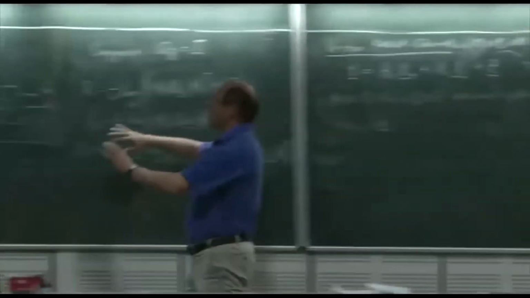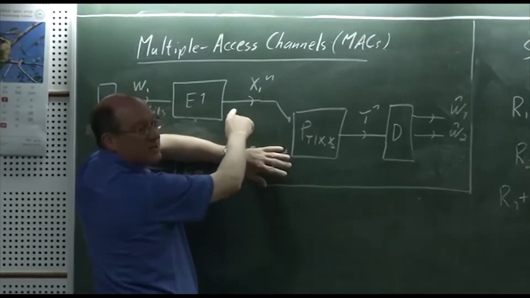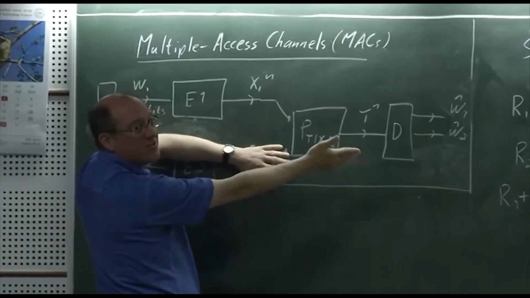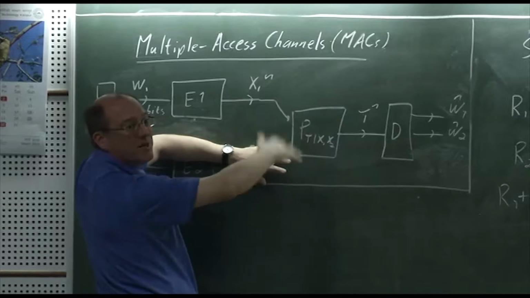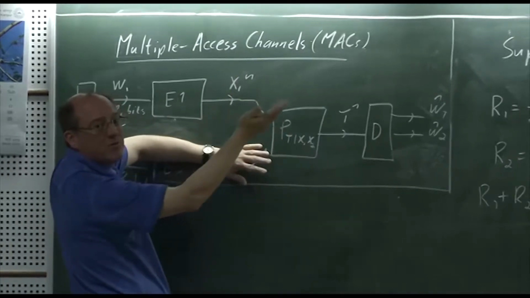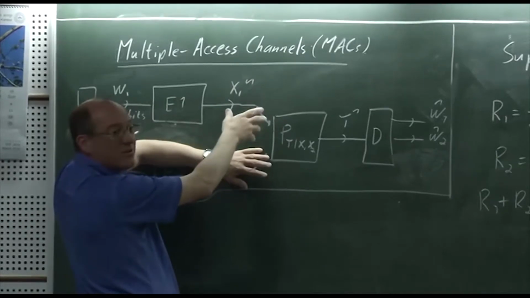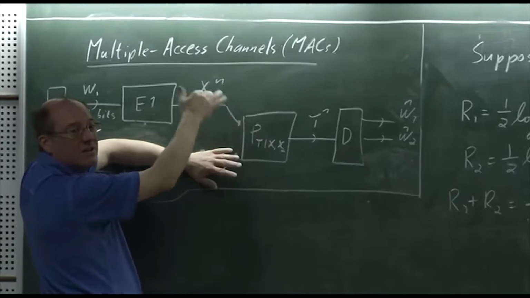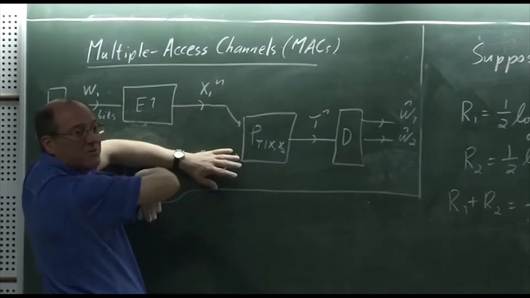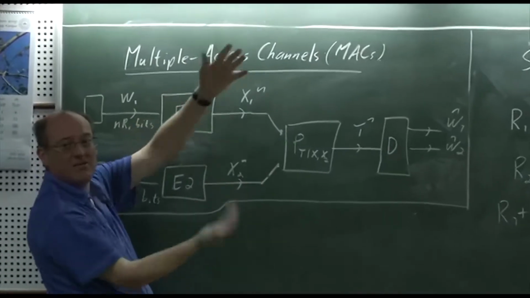Suppose we only have one user, and suppose the number of transmit antennas is the same as the number of receive antennas, and suppose the channel is diagonal. Well, that's exactly OFDM, right? And you know that for OFDM you have a power control problem that you solve through water filling, right? So if you go more general, well, you have singular value decomposition with water filling on the singular values. Now, if we have both users, it gets even messier, right? So you can't imagine it gets any easier.